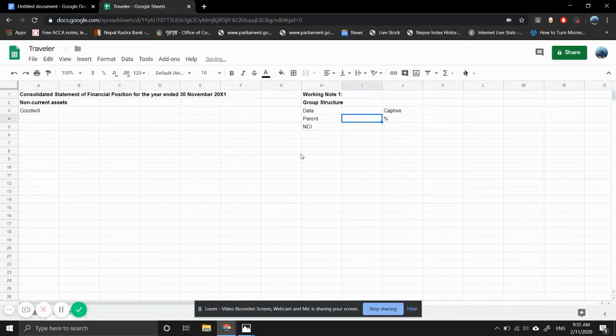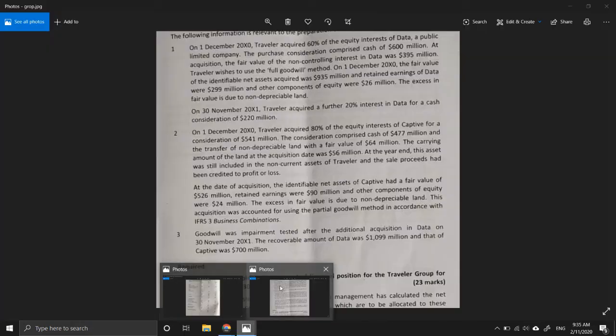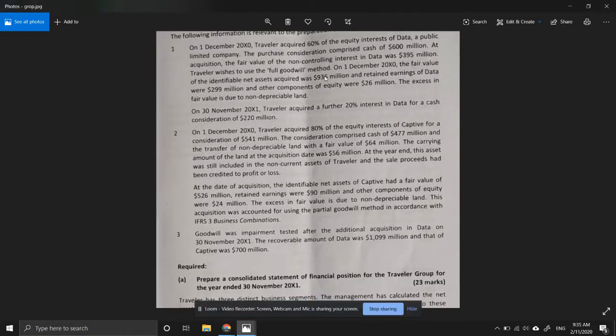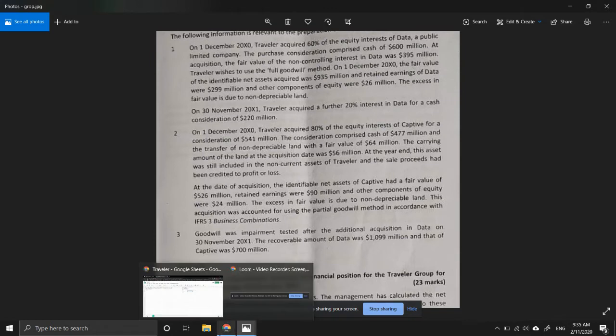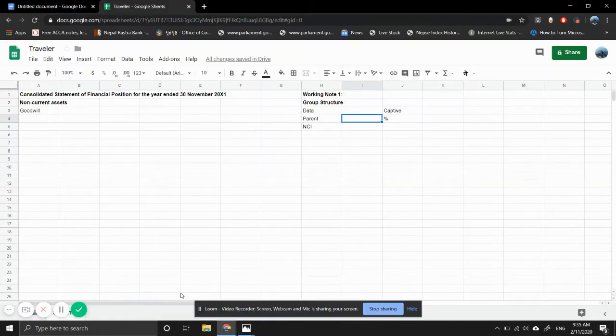So 60%, I think. Isn't it 60%? 60% and then an additional 20% purchased later on, right? At the end of the period. Okay, that's easy then. End of the period means we don't need to allocate it differently for different periods of time, right?